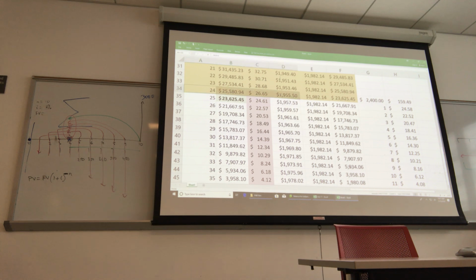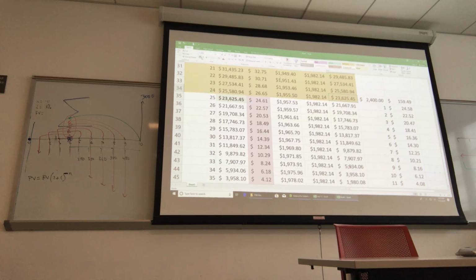Up to the 24th month, the end of the second year, I was paying things normally. After that particular period, I have this total amount of the principal to be paid. At that point, Victor wanted to pay back the loan.